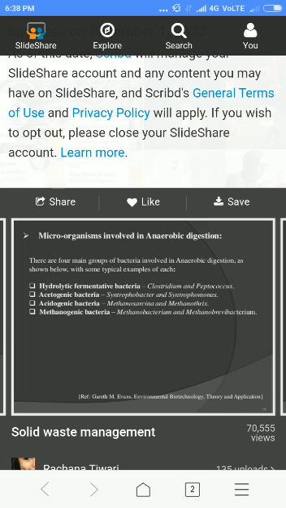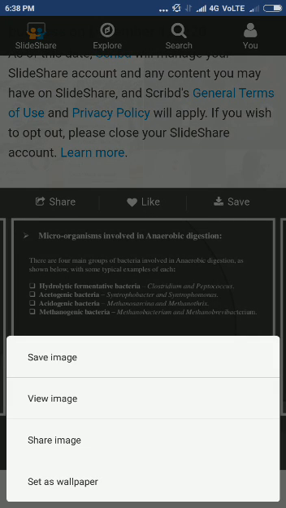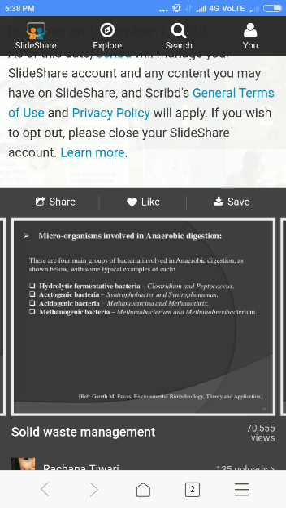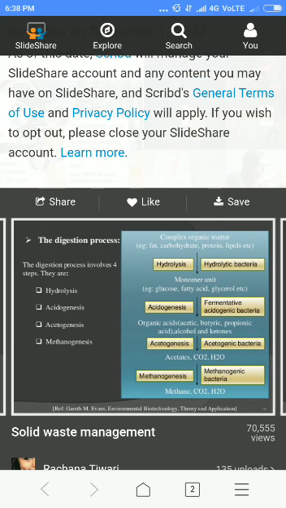Then next one is the acidogenic type of bacteria, and it includes Methanosarcina and the Methanothrix types of bacteria. And last one is the methanogenic bacteria, which include Methanobacterium as a bacteria in this process.